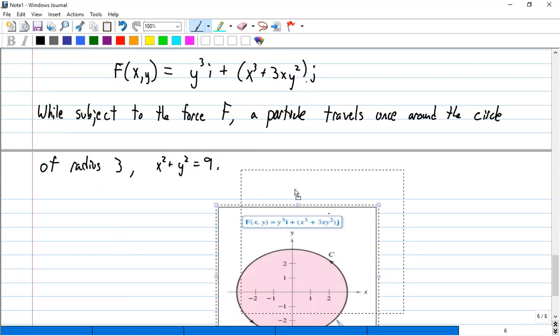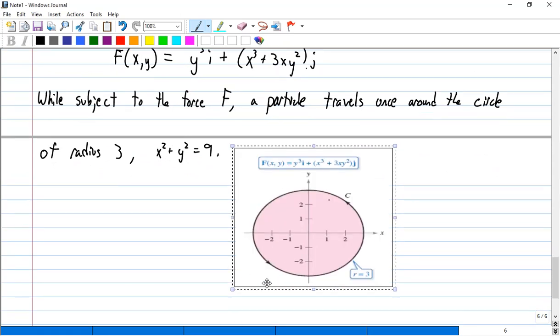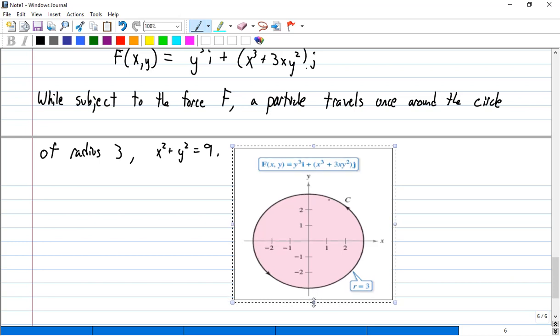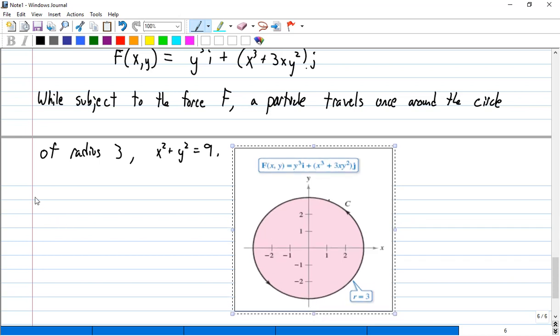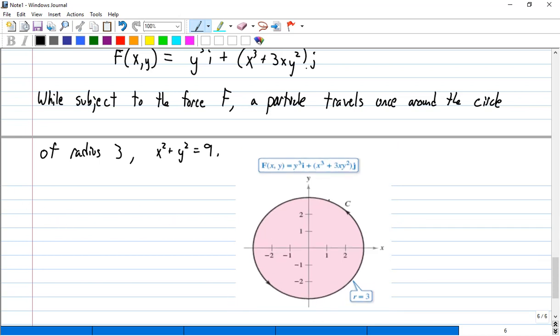All right, there we go. Kind of looks like a circle. Now it looks more like a circle. So you have a particle that's traveling around that circle. We're going to use Green's theorem to figure out the work done on that circle.